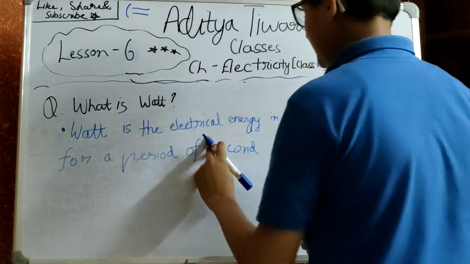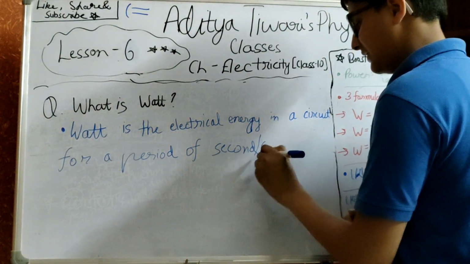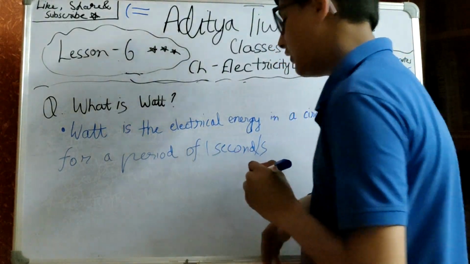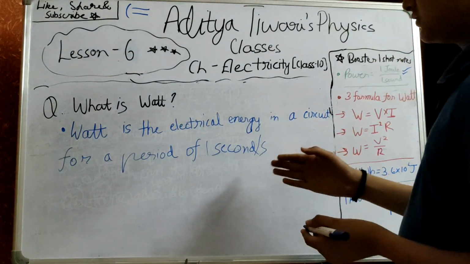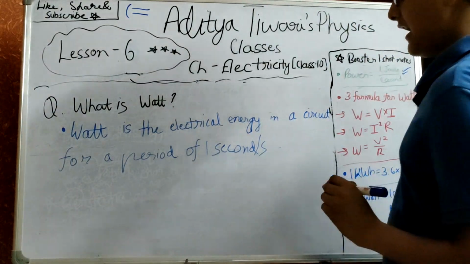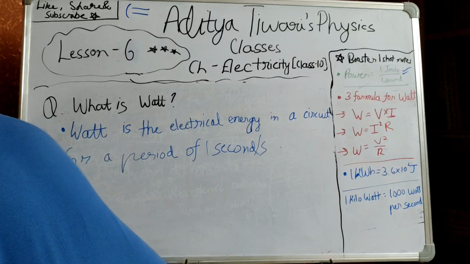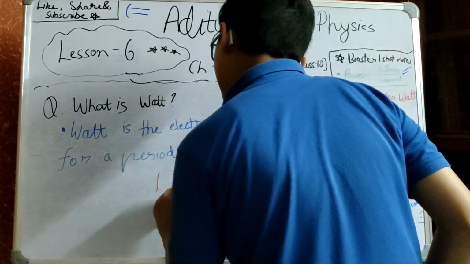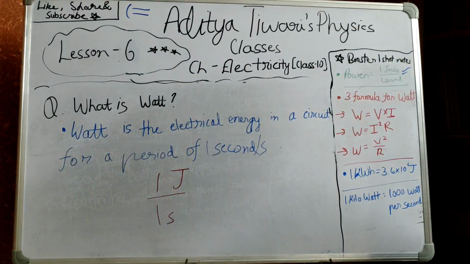It can be 1 second or multiple seconds as per the watt amount. So a period of 1 second, and its formula is 1 J divided by 1 S.